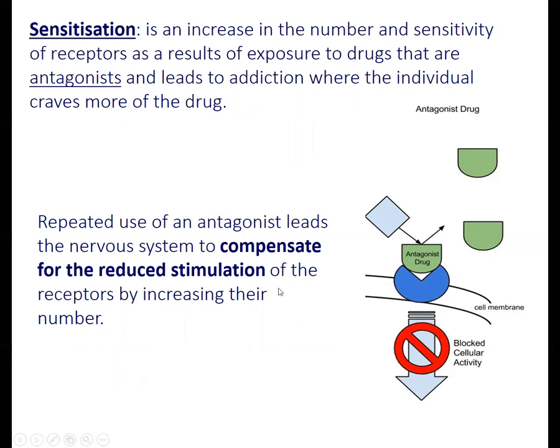And so the postsynaptic neurons will basically develop more receptors. They'll increase the number of receptors on the postsynaptic neuron. So an increase in the number and sensitivity of those receptors on the postsynaptic neuron leads to this form of addiction, where the person craves more of the drug.